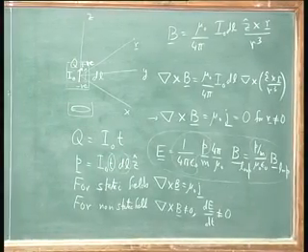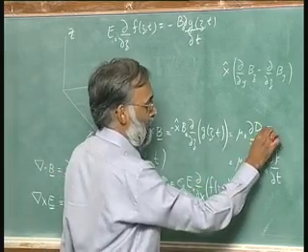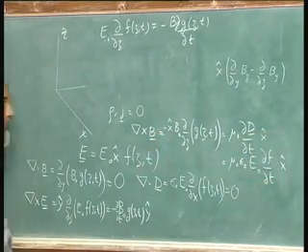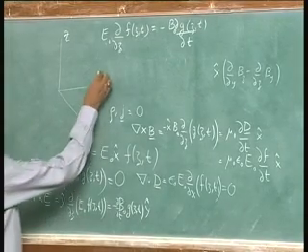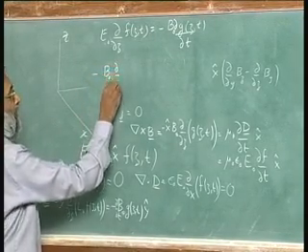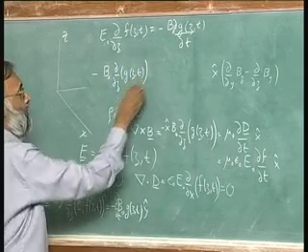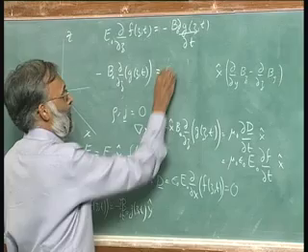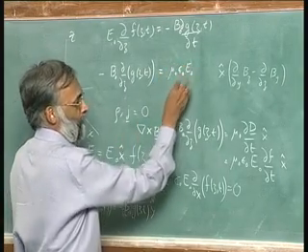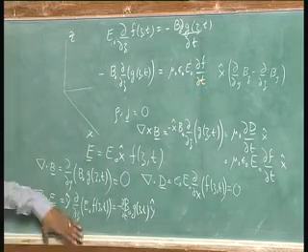Again both are in the x direction. So, I have an equation now which says minus B naught del/del z of g of z, t is equal to mu naught epsilon naught E naught del f/del t.